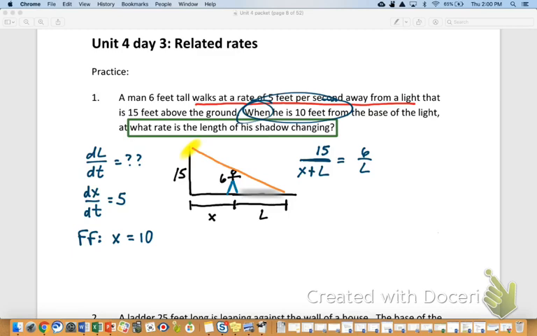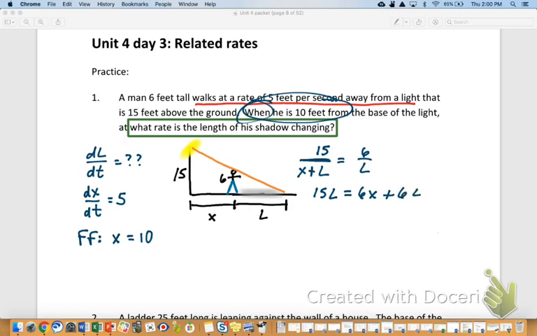Before I push play on this thing, I want to do a little rearranging of the couch cushions to get more comfortable so I can watch this movie. Can anybody think of how I could rearrange this to make it more comfortable? Cross multiply, yes. So that would be 15L equals 6X plus 6L.